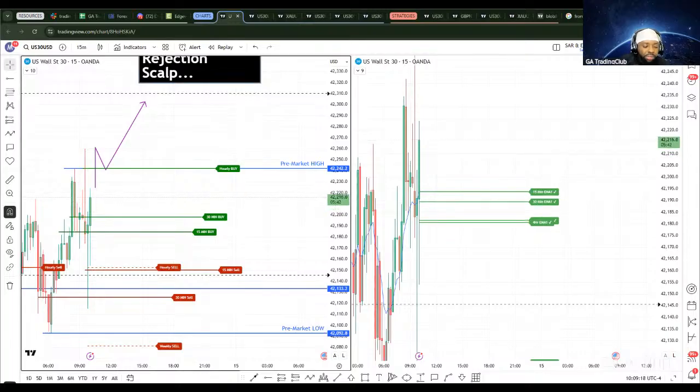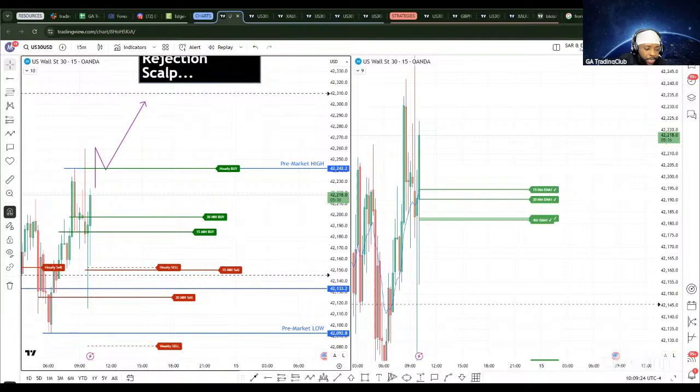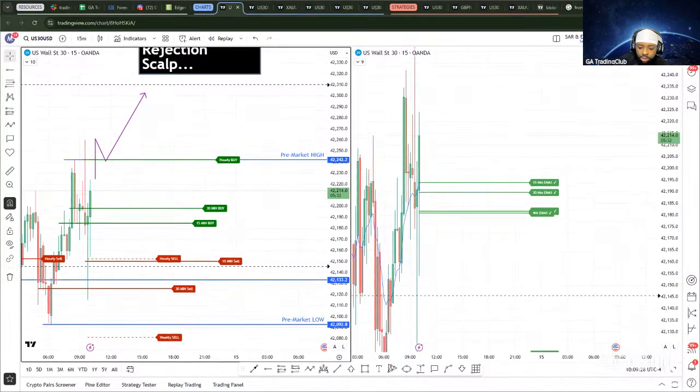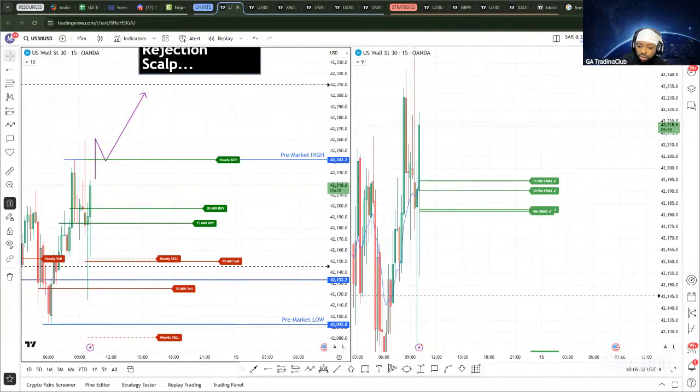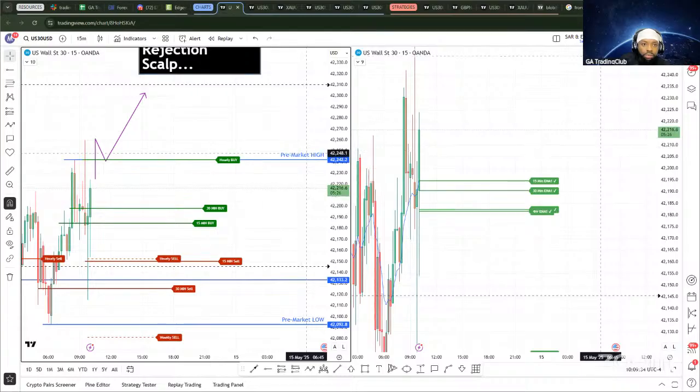And most times the order block rejection scalps align with either the EMA or the SAR. So it's better to use order blocks as a confluence.